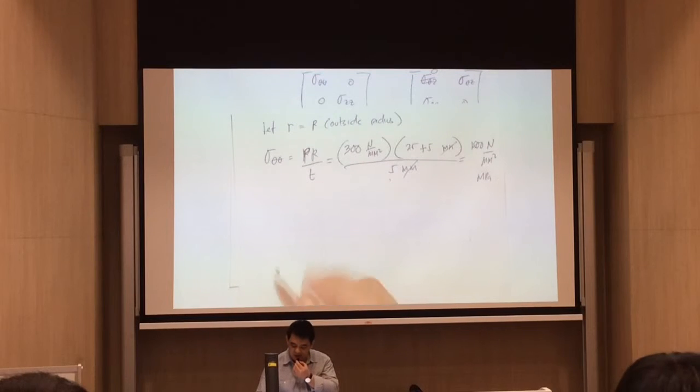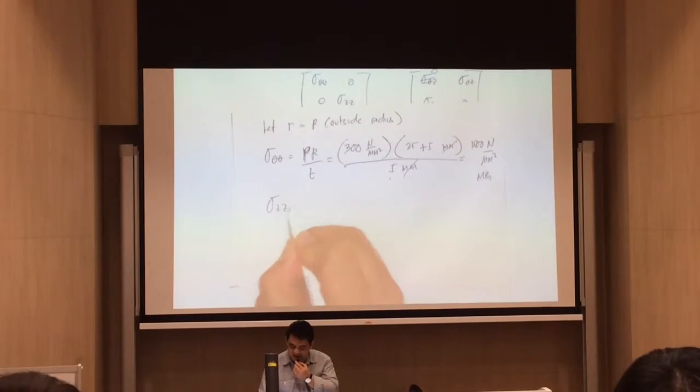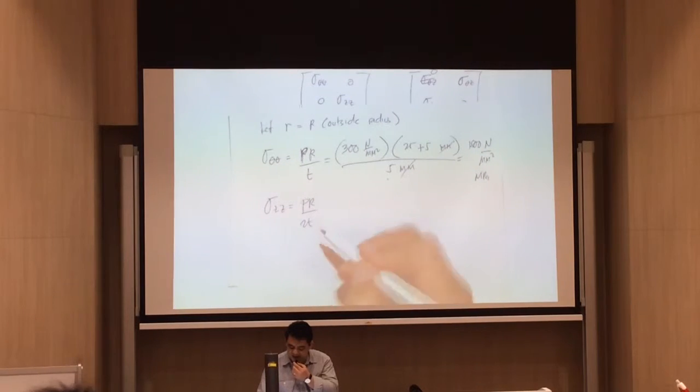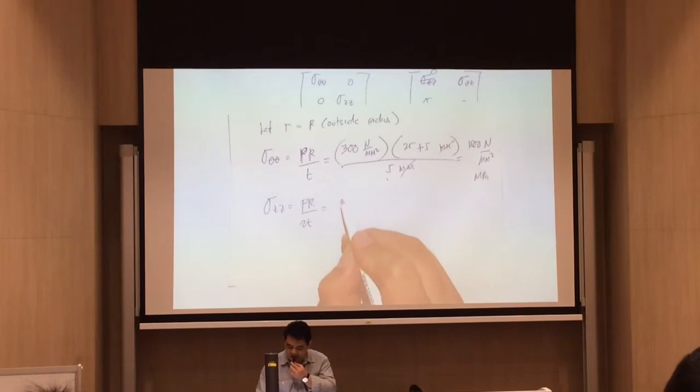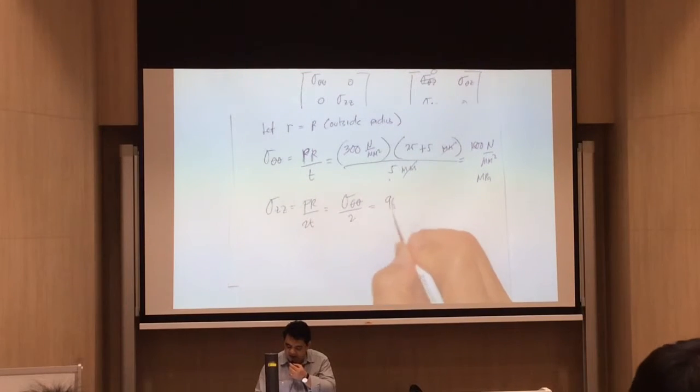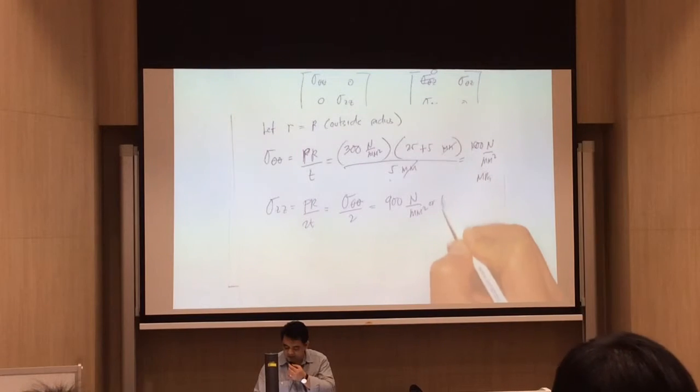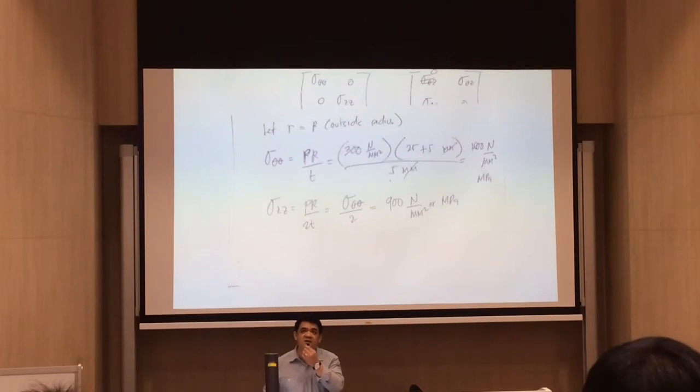Of course, you have now sigma ZZ to be PR all over twice the thickness. So this one now is simply sigma theta theta divided by 2. This one now is 900. How about that?